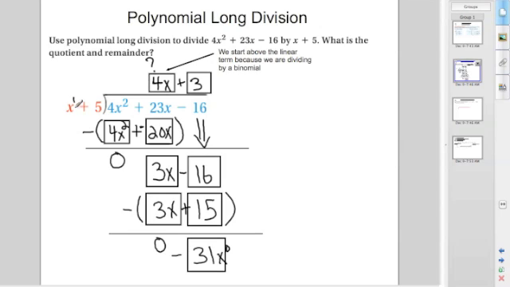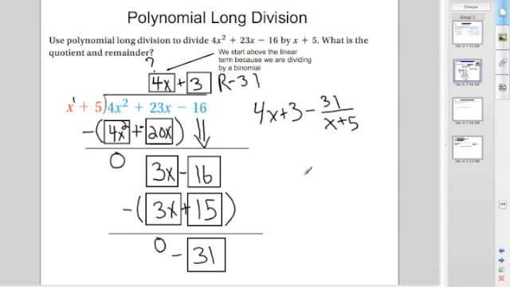Since we have a first degree polynomial right here, we stop when we're one less than the degree. But you don't put x to the 0. So since we didn't get 0, this is our remainder. We're going to have 4x plus 3 with a remainder of negative 31. More precisely, it's 4x plus 3 minus 31 over x plus 5.